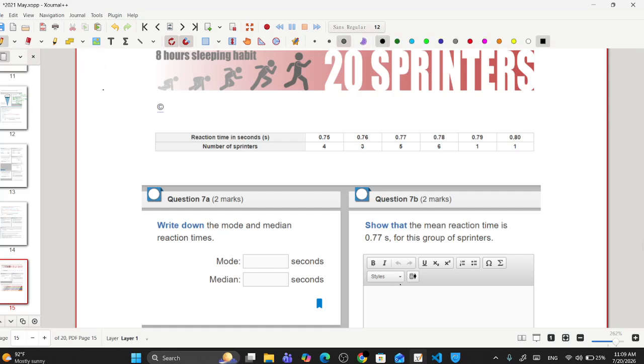So mode is basically the most repeated value. Looking at this graph, we can see that the most repeated value is going to be, all right, no worries.